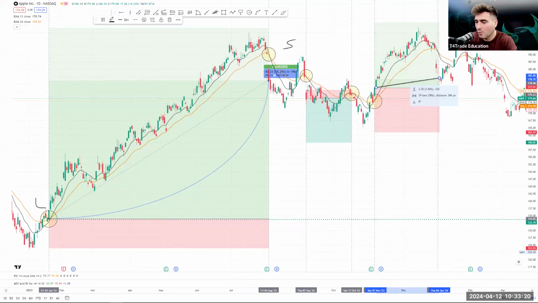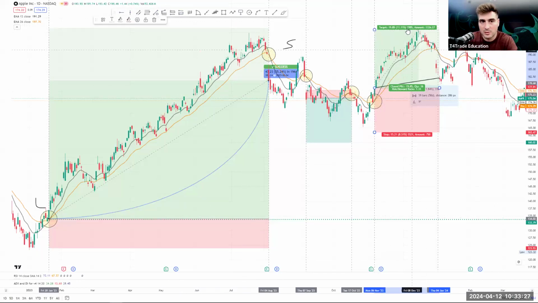Let's just say 1.8% compared to this, we would have been 11. So the stop loss for my liking would have been somewhere in here, right before the crossover. So you risk 3% in order to get 11, a decent risk reward ratio.